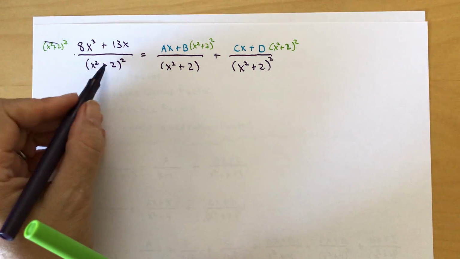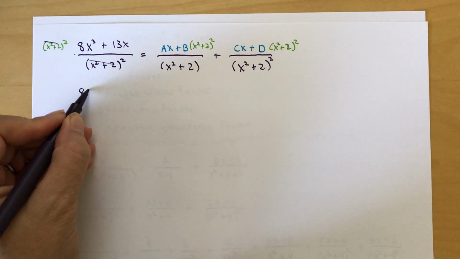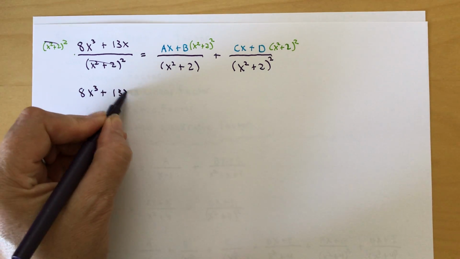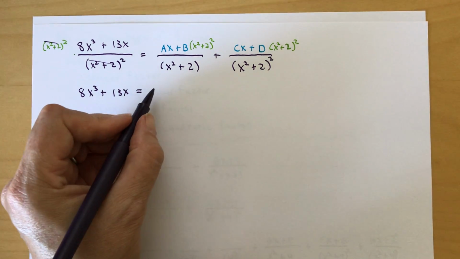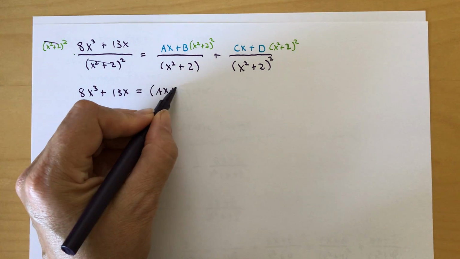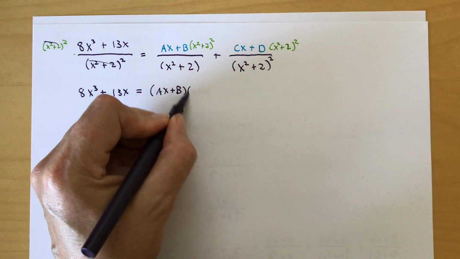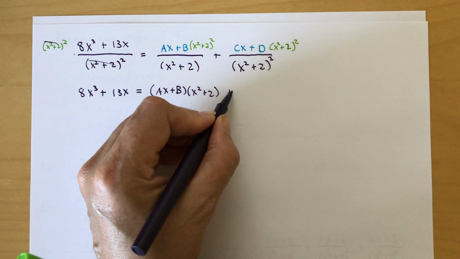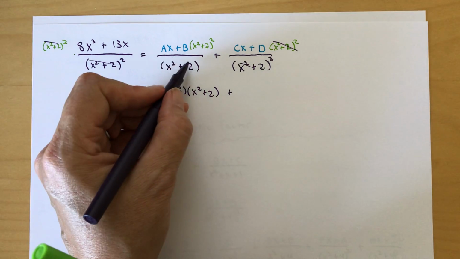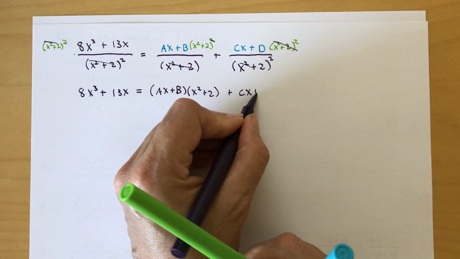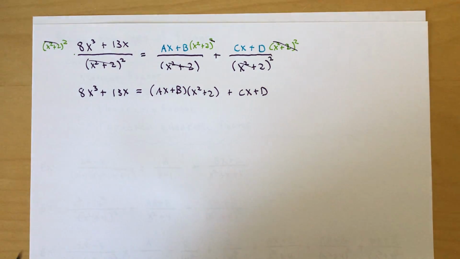So these cancel entirely, and I get 8x cubed plus 13x. One of these cancels, so I get ax plus b times x squared plus 2, and both of these cancel, so I get just a cx plus d here.